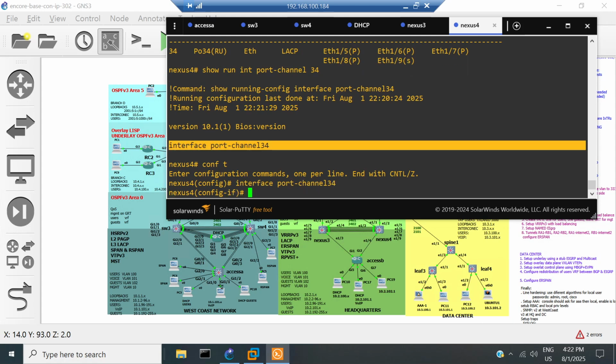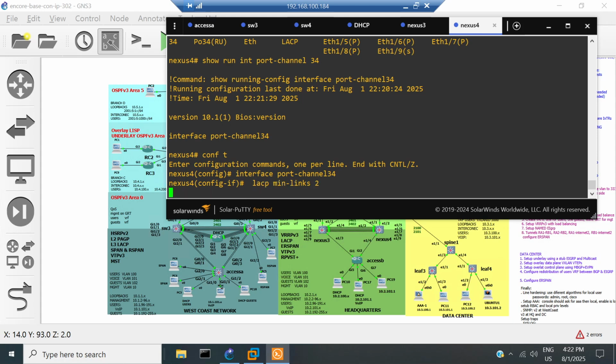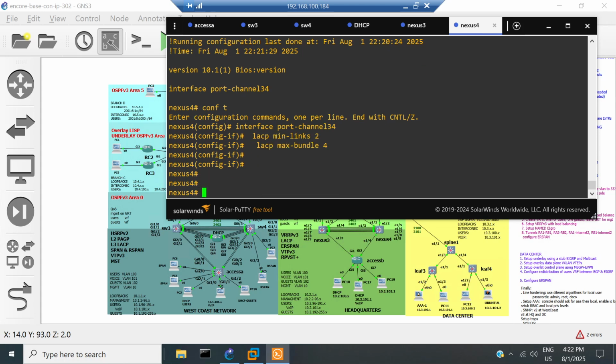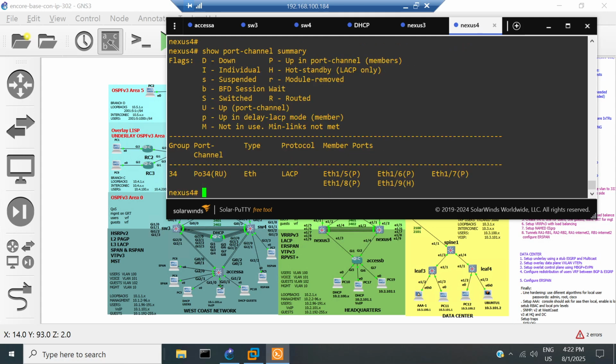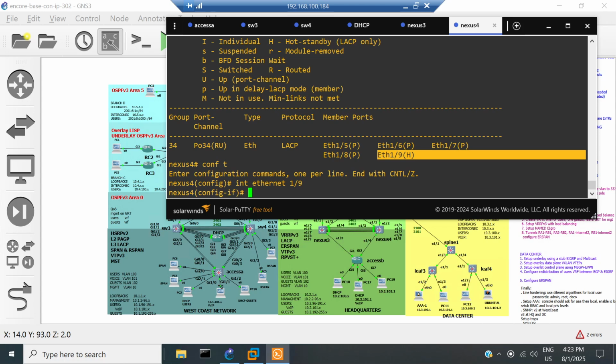So I'm going to configure both switches the same with the same commands. So now that the configuration is consistent, now I know that this is not participating because it is in hot standby mode. Now, what if I wanted interface 9 to be part of the bundle and leave other interface in hot standby mode? So I can configure the LACP port priority and set it to a lower value so the interface 9 wins over other interfaces.